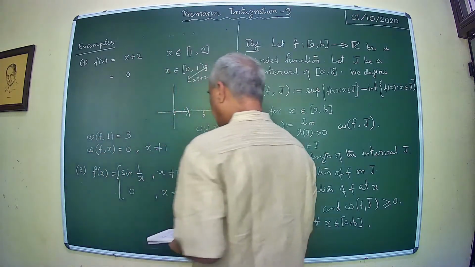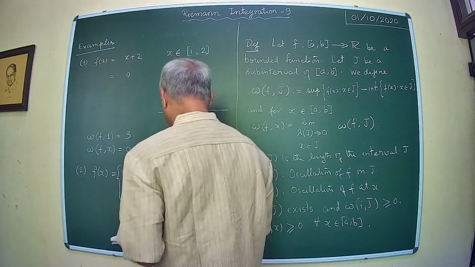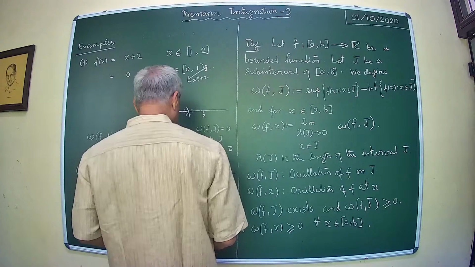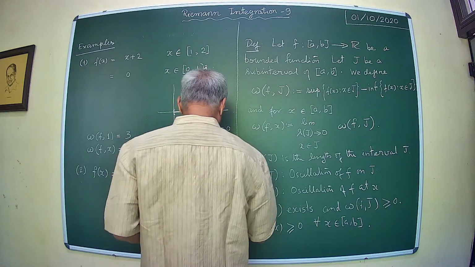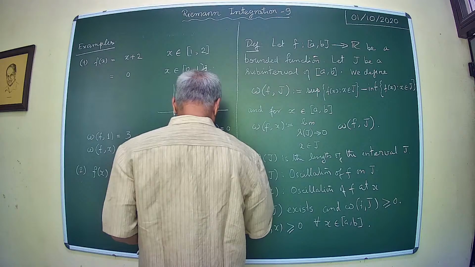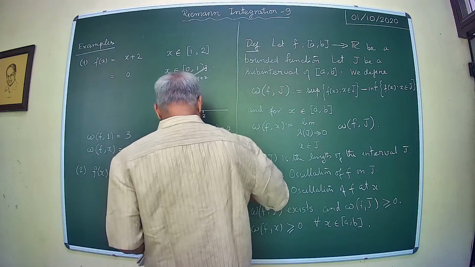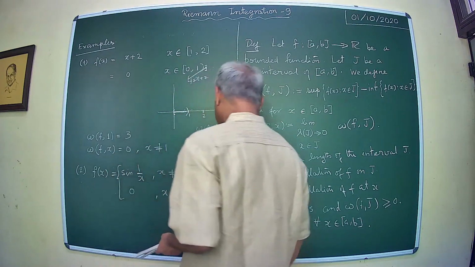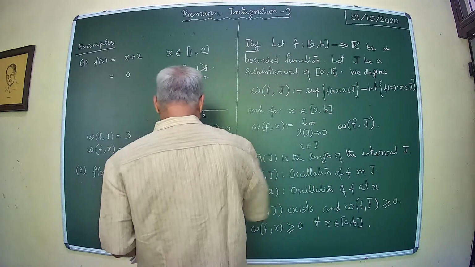And as x gets closer, let's take x positive. So for x positive, you see that the oscillation becomes very rapid here. And so also on this side.